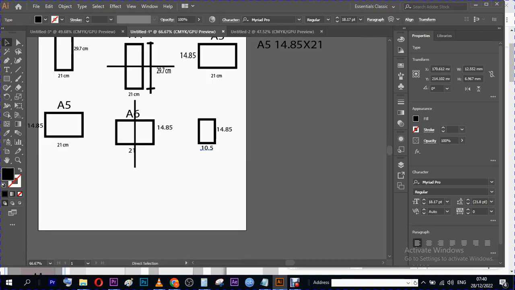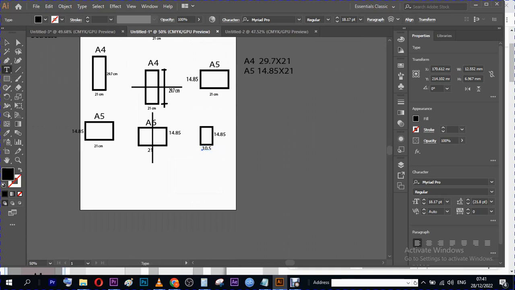So we come back here, and A6 will be 10.5 times 14.85.